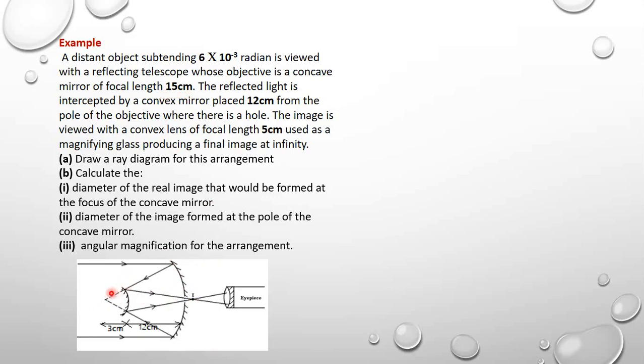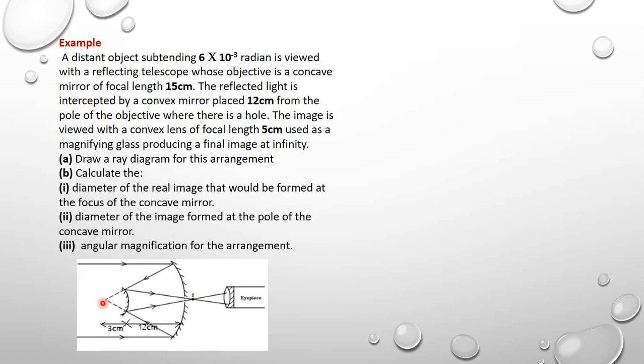And if this is 15, and they're saying that the distance between the convex mirror and the concave mirror is 12 centimeters, that means from here up to here is 12 centimeters, giving us a balance of 3 centimeters.